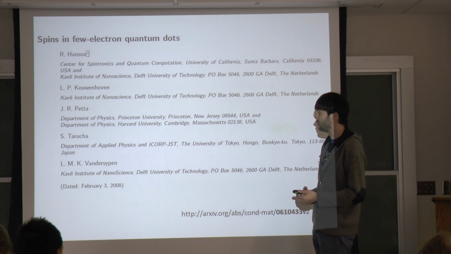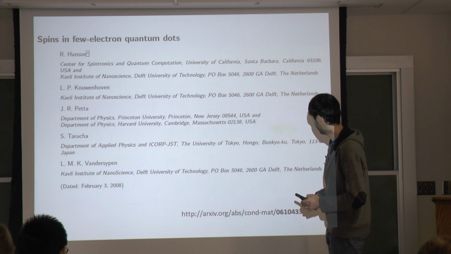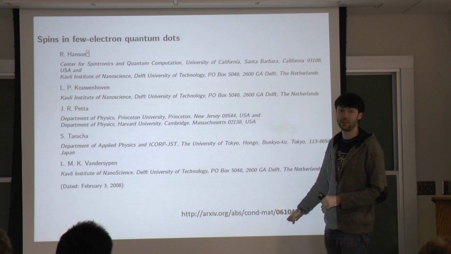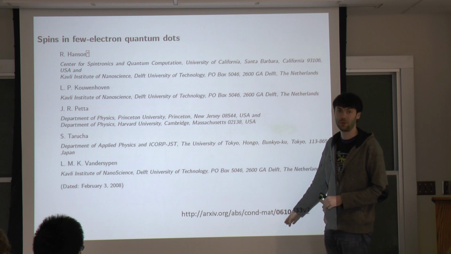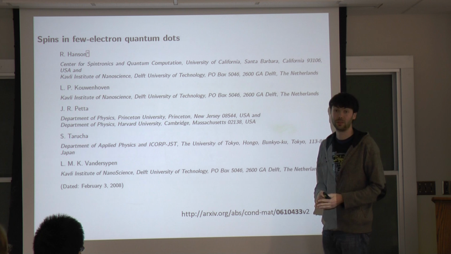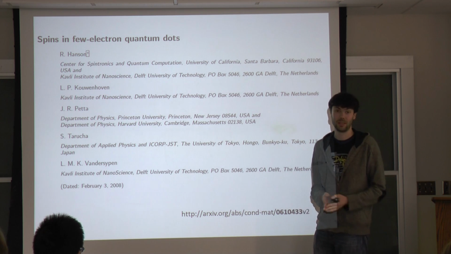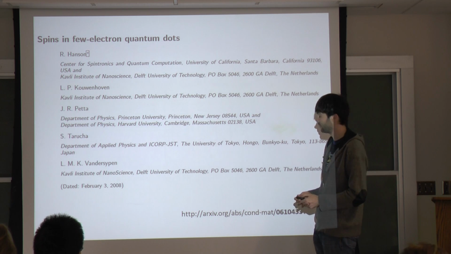I use this review heavily. I read it myself often, and I recommend it to you. You can get it on arXiv, and I actually recommend taking it from arXiv, because the published version in Reviews of Modern Physics has, for whatever reason, low quality figures if you download it from the APS website. So just go to arXiv and get the review.